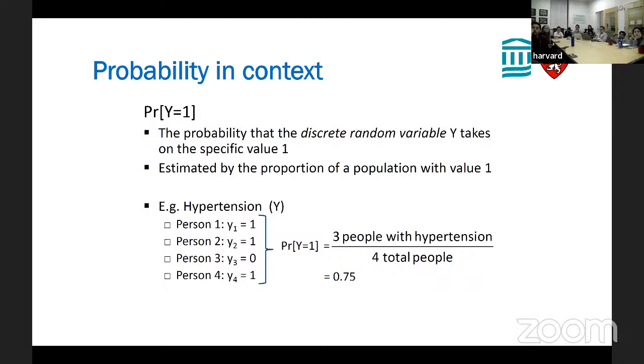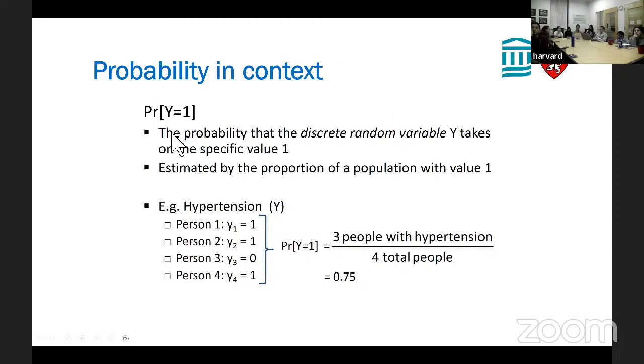We use the P, which could be PR or just P. We prefer to use PR, especially in epidemiology, because the P could also be used for prevalence, right? That's why in epidemiology they tend to use PR. So we're going to use PR because in the next sessions we're going to use examples from epidemiology because they are easier to understand. But this is just the notation.